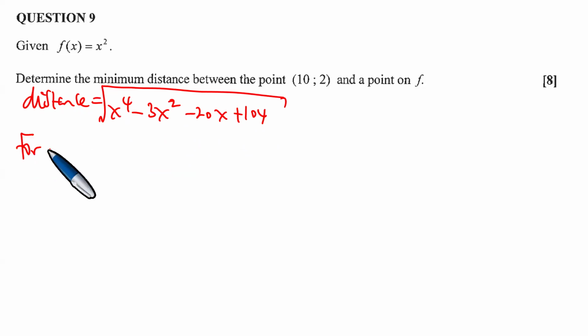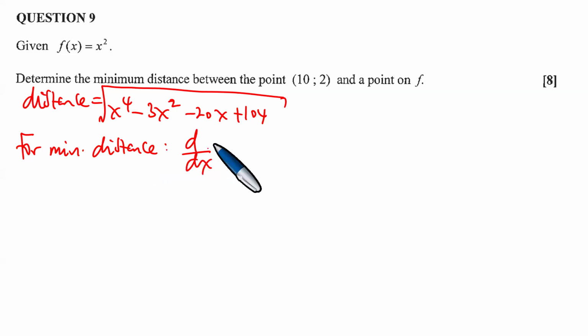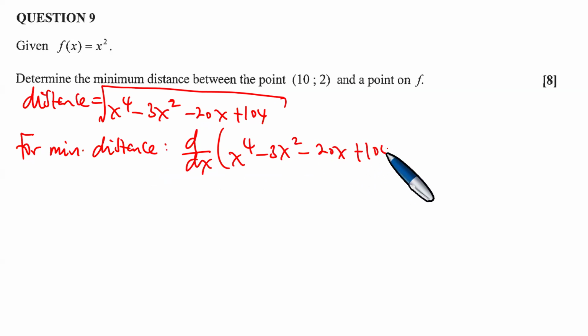For minimum distance, we deal with the derivative d/dx of the expression under the square root, x to the 4th power minus 3x squared minus 20x plus 104, and this derivative is 0.